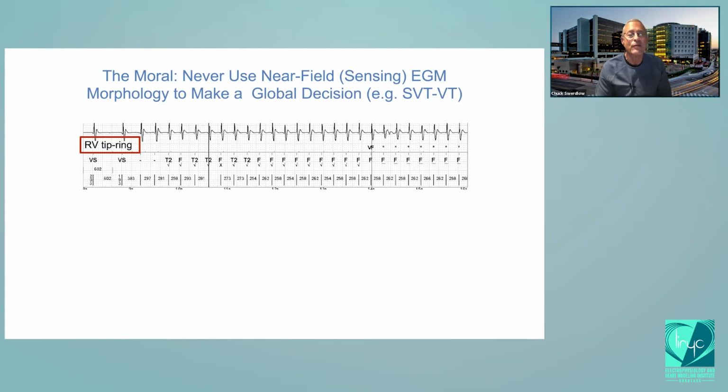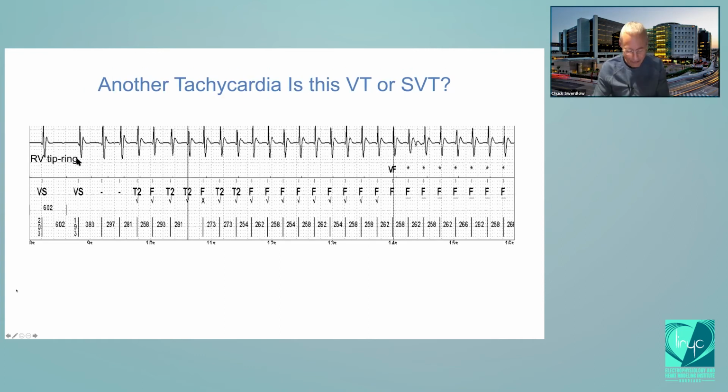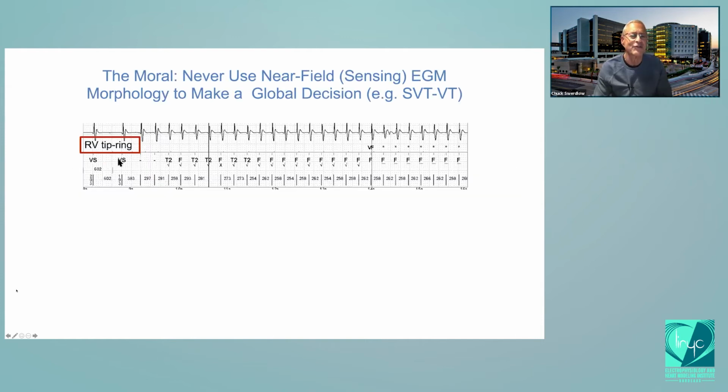And the moral of this slide, which you'll now remember, is you should never make a global decision, like what is the cardiac rhythm, and analyze the morphology when you're looking at the near field sensing electrogram. I did actually label it here as the sensing electrogram, but I didn't emphasize it, because I can be a little sneaky.